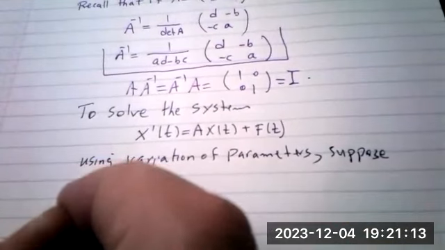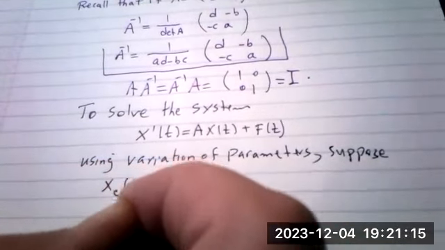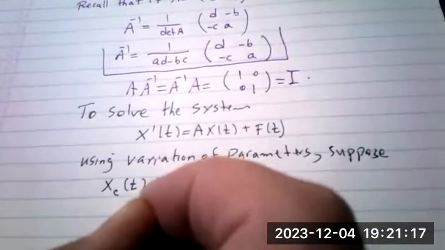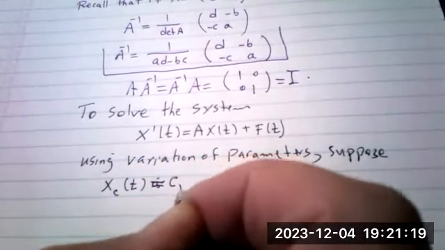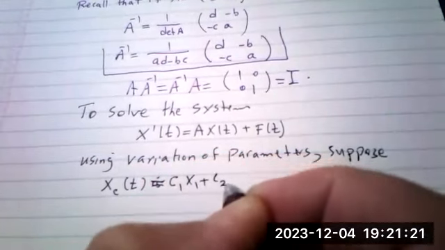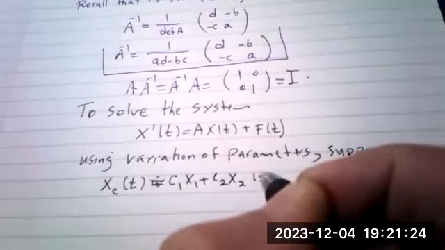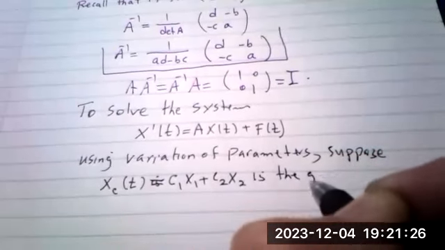Suppose x of t, or xc of t, is going to be equal to c1 x1 plus c2 x2, which is the general solution.